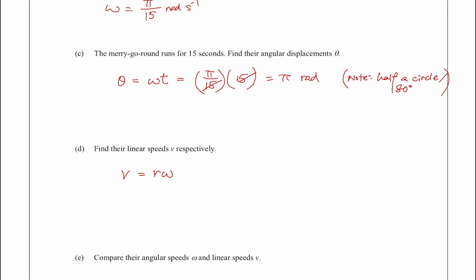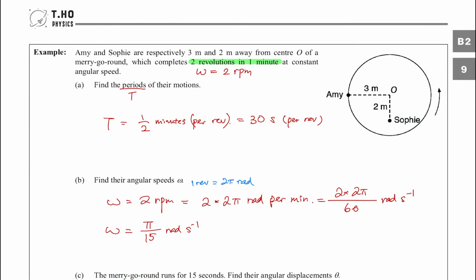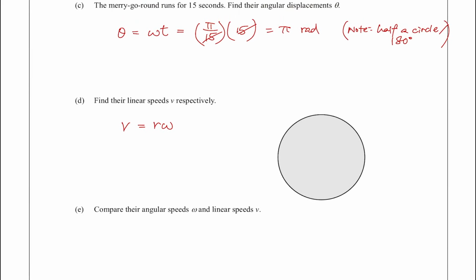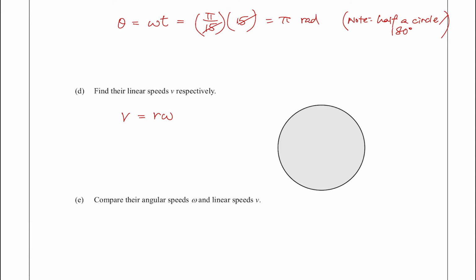Here, because Amy and Sophie are at different positions on the merry-go-round, Amy is at the outer rim 3 meters from the center, and Sophie is 2 meters from the center.